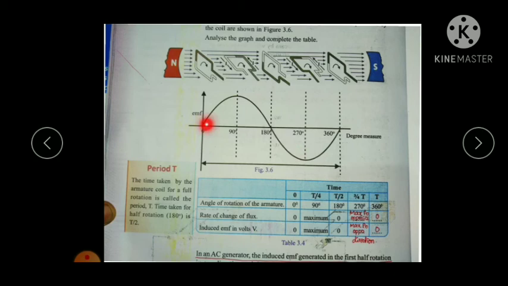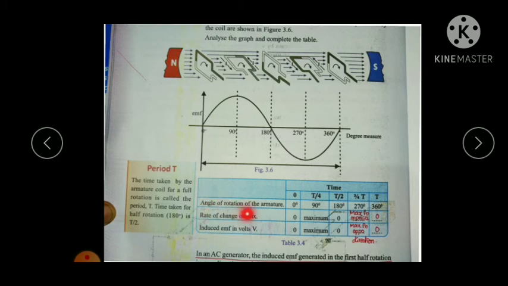So from 0 to 90 degree, the EMF increases positively, and after that from 90 to 180 degree, the EMF decreases. Then its direction changes. The direction of EMF changes, and it becomes maximum at 270 and becomes 0 at 360 degree rotation.